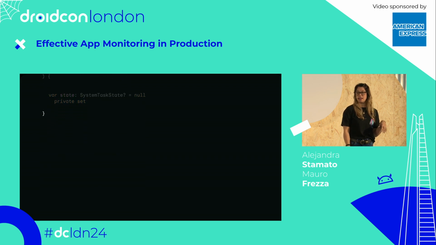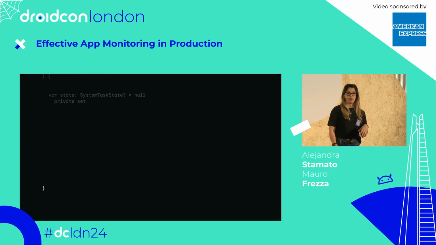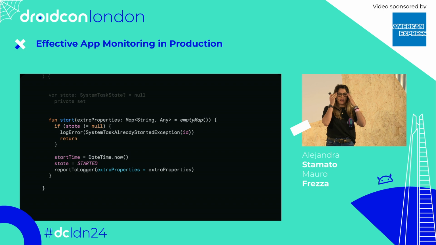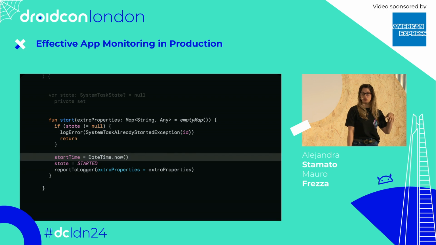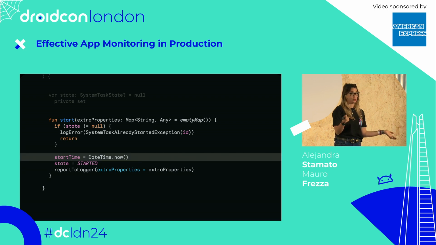So we can imagine that we have a method in the system task class, start, receiving properties, anything extra you need to send to the monitoring system. The most important thing in this code is that you would track when it begins, so you can calculate how long it took to finish. You would have a start time and correspondingly an end time.